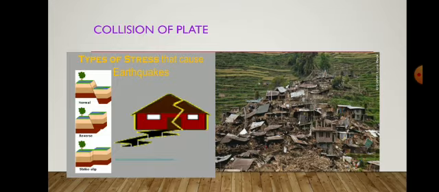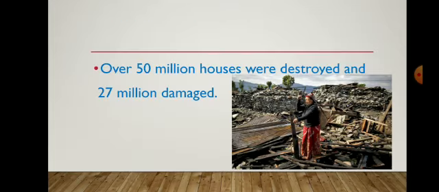Next, you can see the earthquake caused more than 8,000 deaths and 100,000 people were injured. 384 people are still missing. Over 50 million houses were destroyed and 27 million damaged.